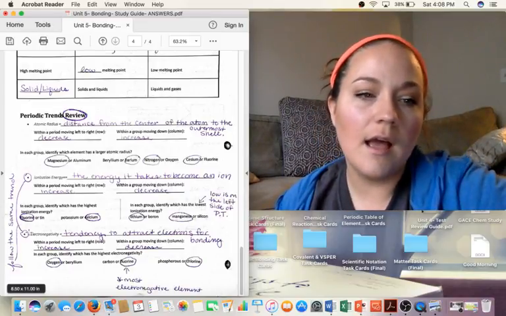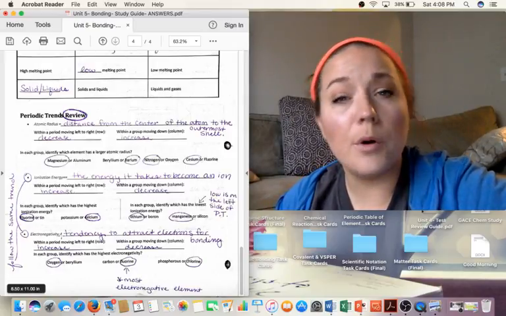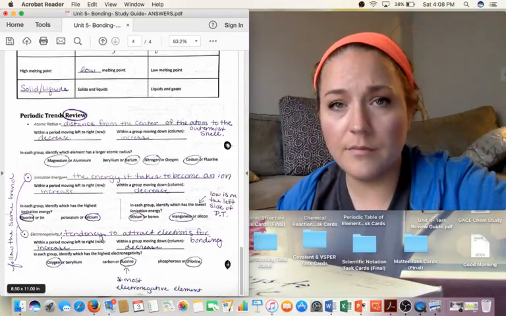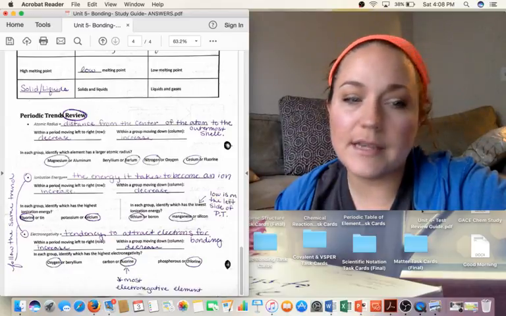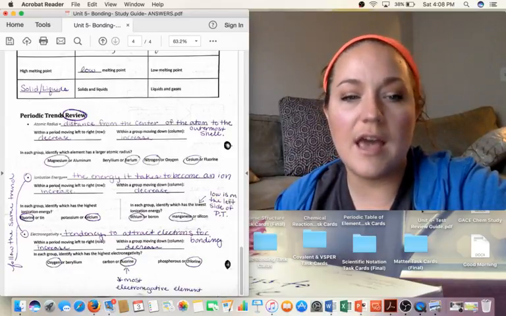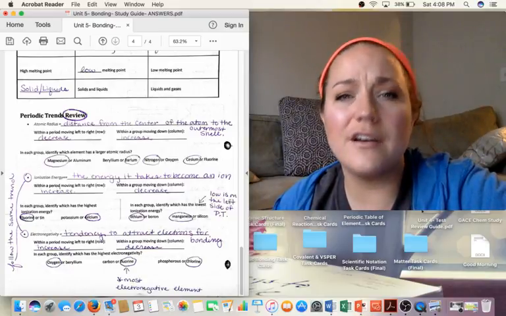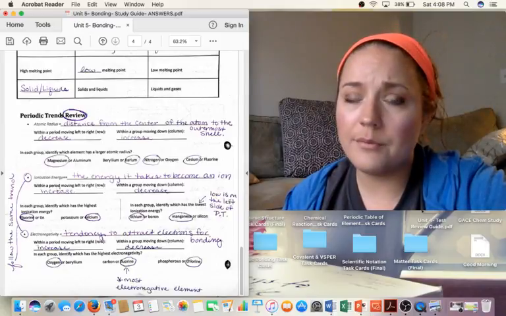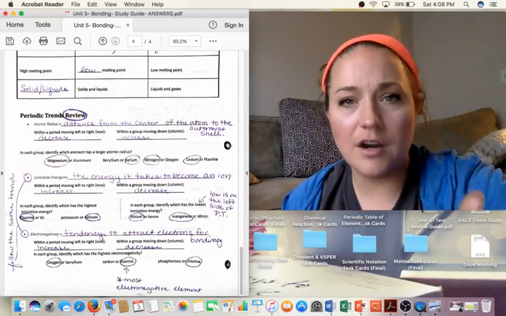All right, ionization energy and electronegativity. Both of those trends, their patterns on the periodic table, are identical. They're the same. So ionization energy is the energy it takes to become an ion. How much energy does it take to take in or give up an electron to form that ionic charge?